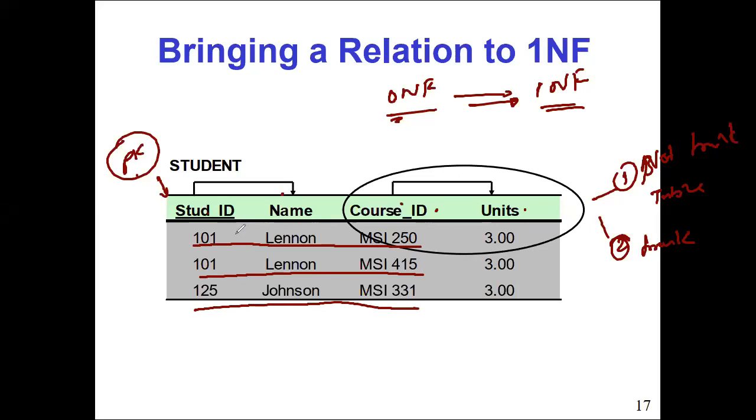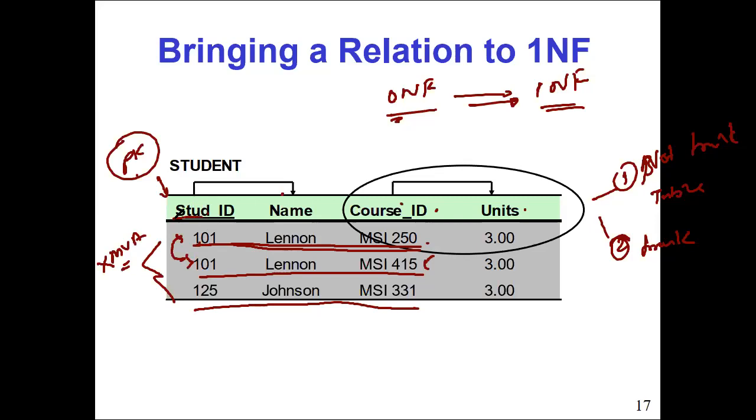Repeating groups mean 101 Lennon MSI 250. You can't find 101 Lennon 250 again. This is 415, so this and this are now different because we merged everything into a primary key. 101 Lennon MSI 250, 101 Lennon MSI 415, 125 Johnson MSI. Now there are no multi-value attributes because we merged.